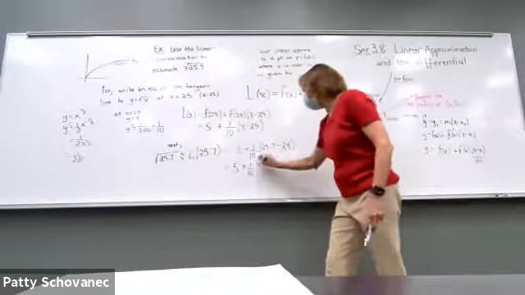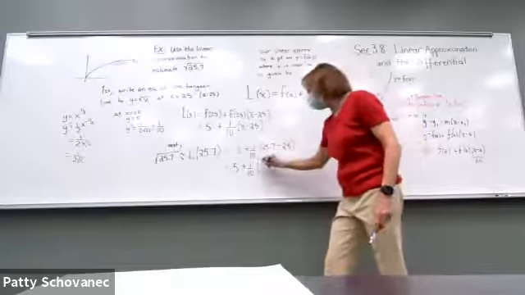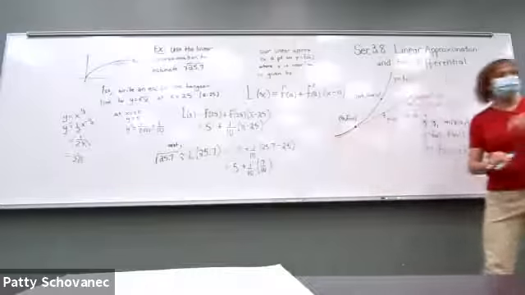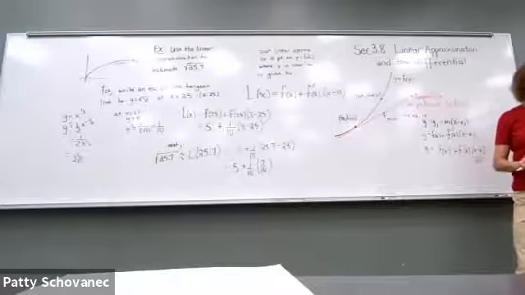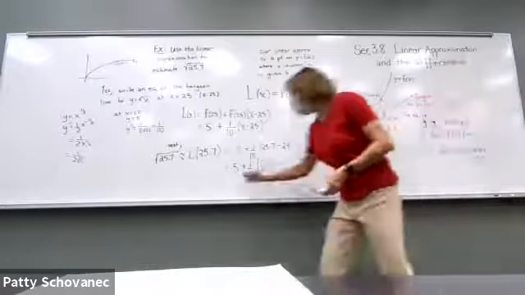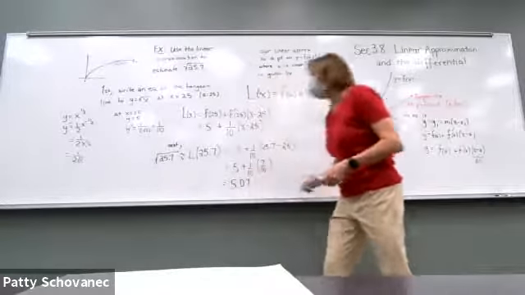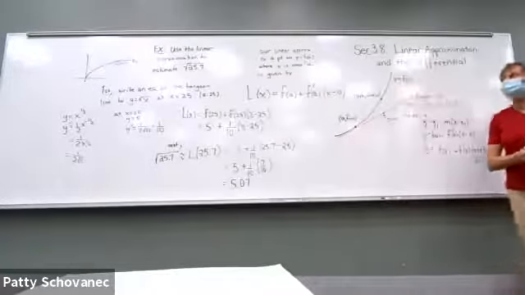So that's a 0.7 in here. 0.7 is 7/10. 7/10 times 1/10 is 7 over 100, which is 0.07. So my linear approximation is that it's roughly equal to 5.07.